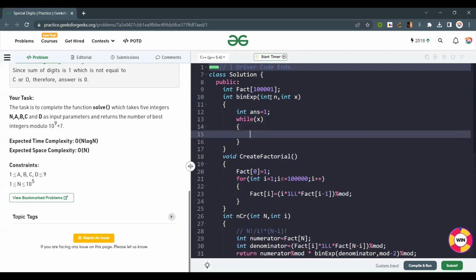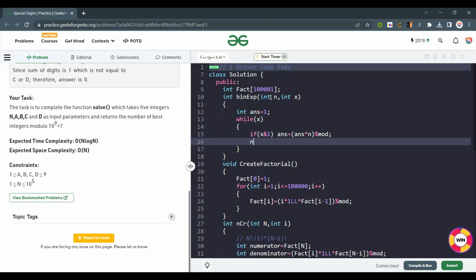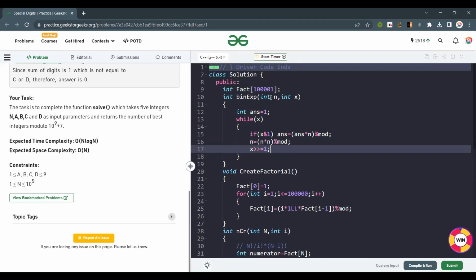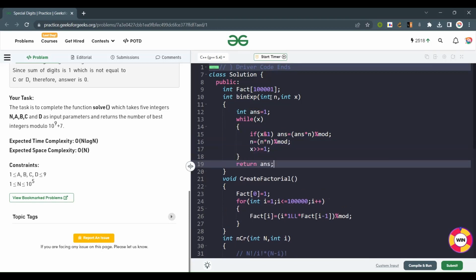While x, if x and 1, then answer is equal to answer into n modulo mod. And n is equal to n into n modulo mod, x right shift equal to 1. Return answer.